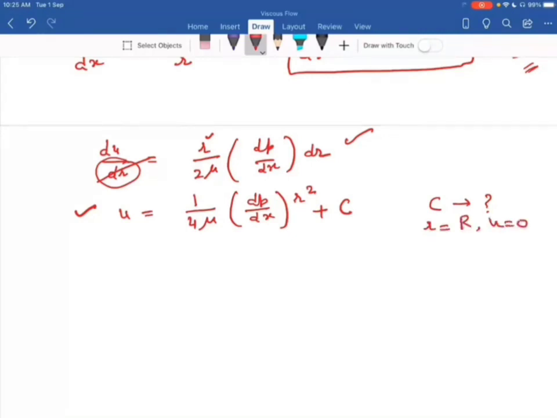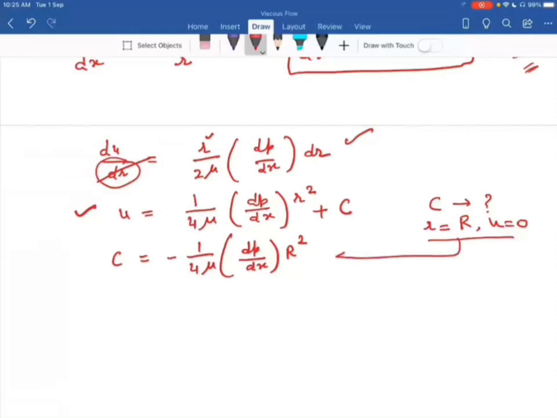By putting this value of r and u, the constant C comes out to be minus 1 by 4 mu dp by dx, changing r to capital R, that is R square. So this is constant C by putting this boundary condition.